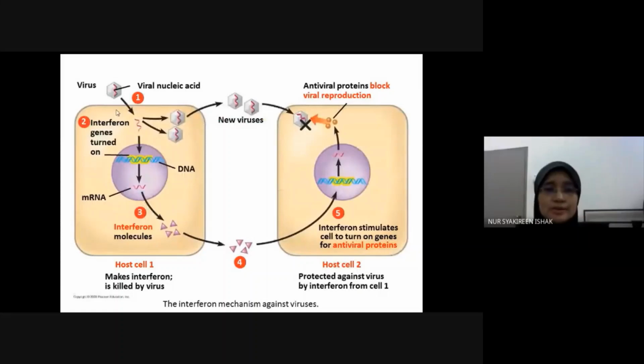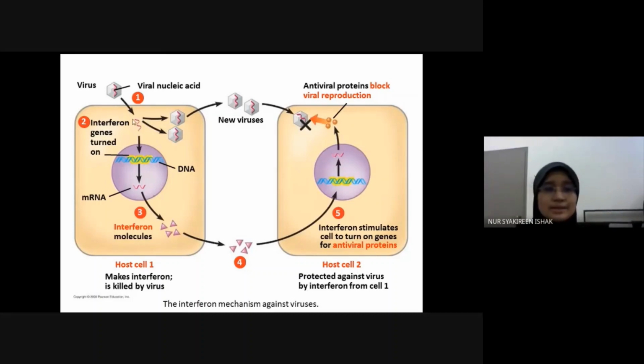Okay, so basically you have this diagram. The first diagram here shows you cells that are infected by virus. So you have here the virus, the pathogen. The pathogen will enter into the cells. Okay, and then selalunya kalau virus ni, virus is different from the genomic composition of human, for example. Human we have DNA. Tapi kalau virus ni dia ada RNA, single strand nucleic acids.